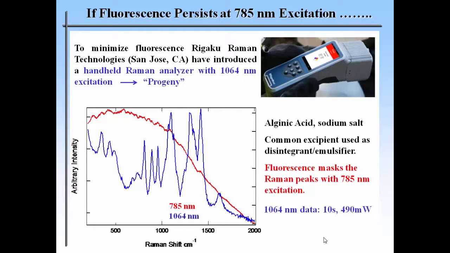And again, this is an alginic acid sodium salt, a pharmaceutical excipient, and this is a Raman spectrum measured at 785 nanometers, so it is not a good compromise for this material. Even at this excitation, fluorescence persists, but if you shift to the near infrared, you get a very good Raman spectrum.